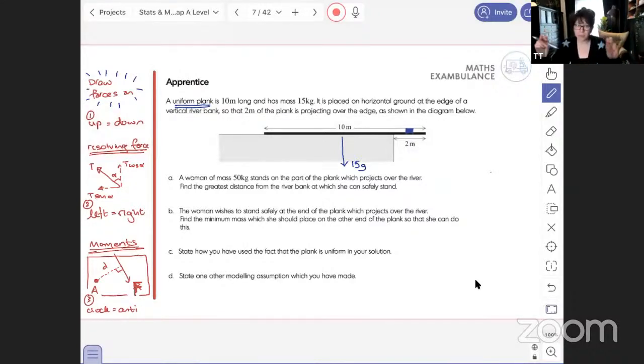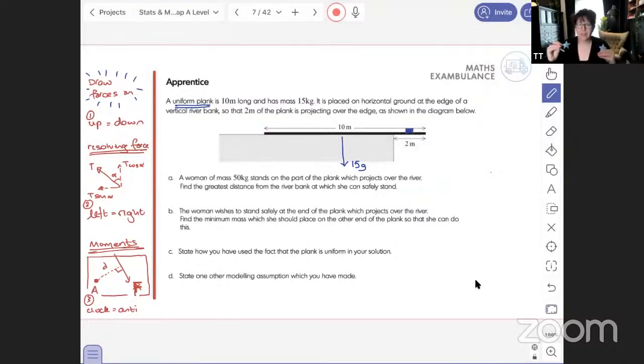The thing that we're modeling, the whole system, is the plank and the woman made out of one piece of plasticine. Now, the center of mass of that entire thing is not the middle, but we can model the center of mass separately for each of the different bits of the weight. So the 15g that I've drawn on, that's the weight of the wooden part of the plank woman. The plank woman is one object.